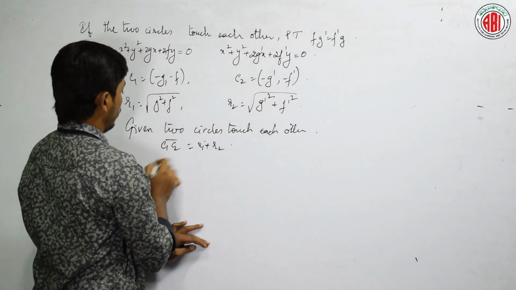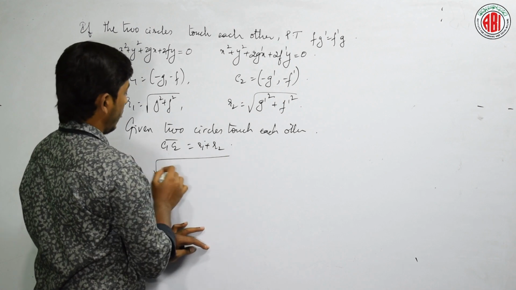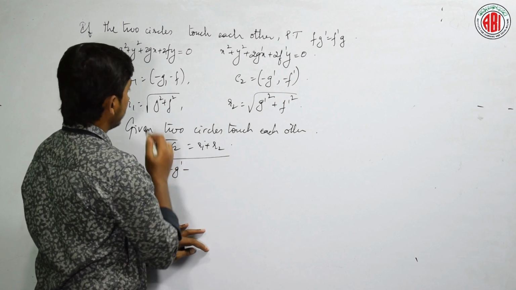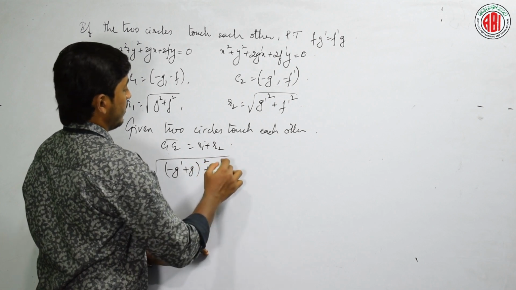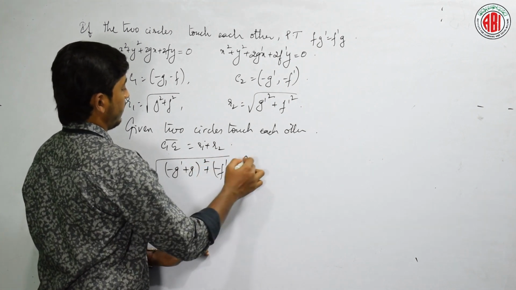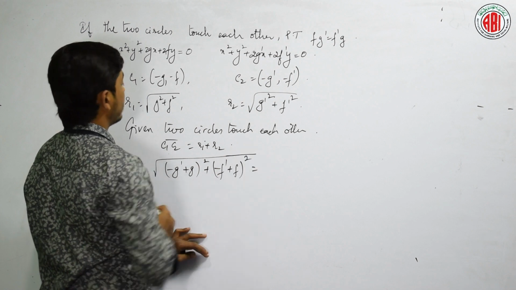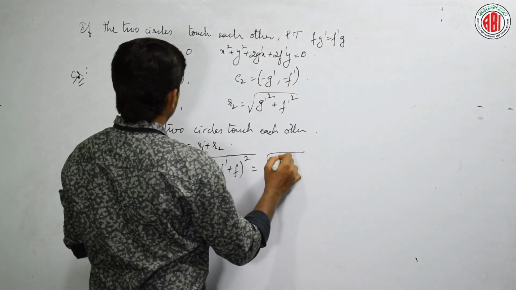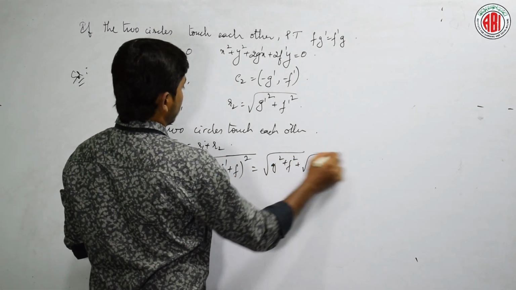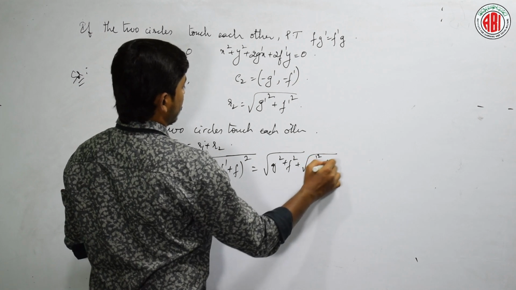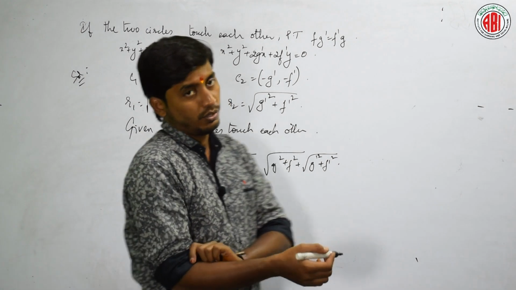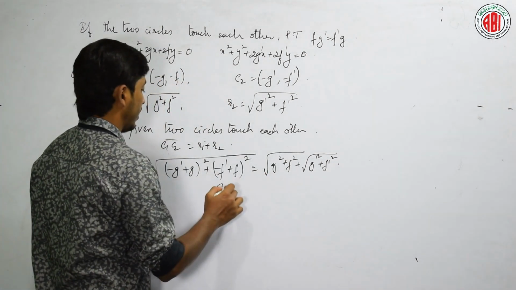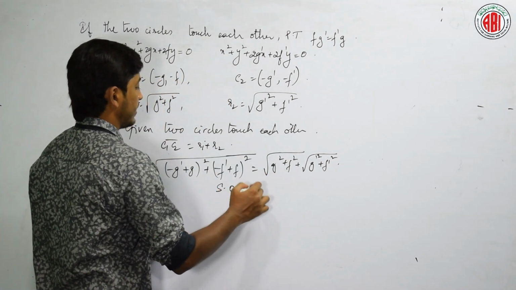C1C2 is under root of (minus g dash plus g) whole square plus (minus f dash plus f) whole square. Yes, that is equal to under root g square plus f square plus under root g dash square plus f dash square. Clear? Let us square on both sides.